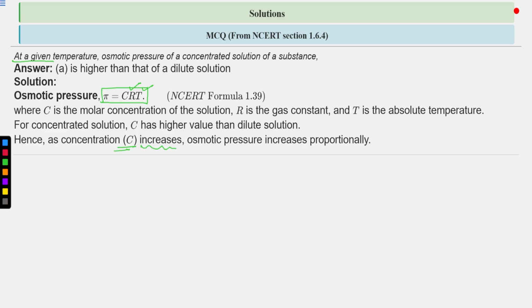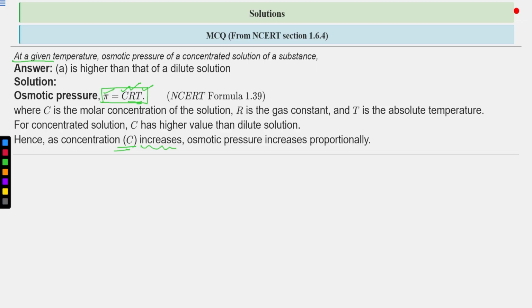It is a particular temperature at which we are talking about this condition. So pi depends proportionally on the concentration only, right? Because R is a constant, T is already a constant as per the question. So pi is directly proportional to C, that means concentration. If the concentration C is increased, pi will also increase.